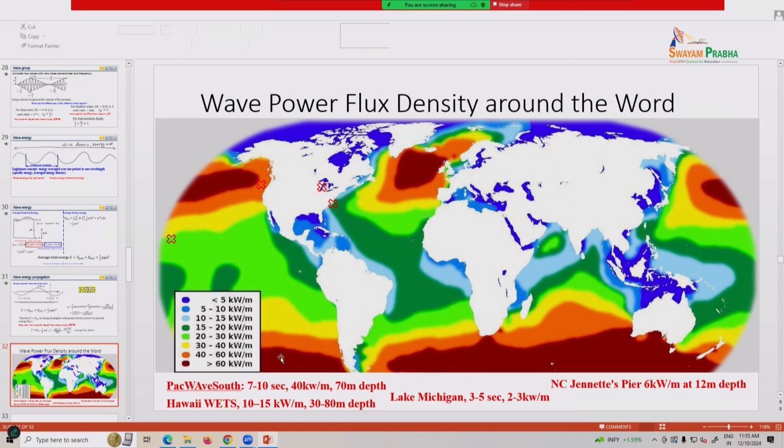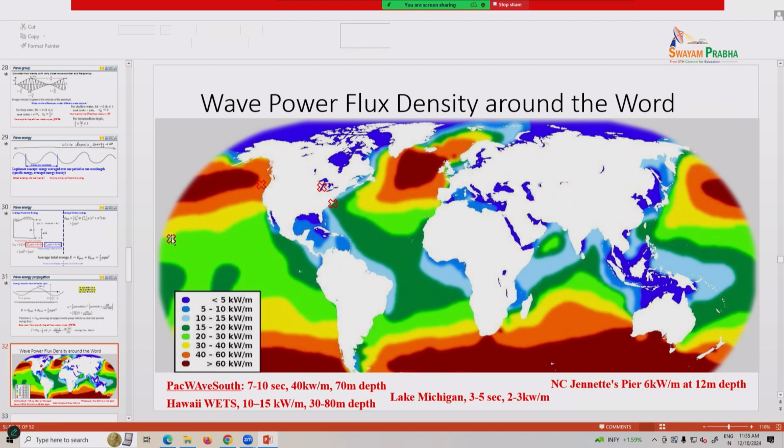Okay, so in the United States, the Pacific Northwest test site is in this region. In Oregon State, they already spent more than $100 million to build the wave test site, and it's in water of depth 70 meters, and the wave flux is 40 kilowatts per meter.